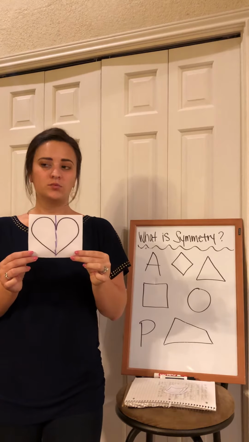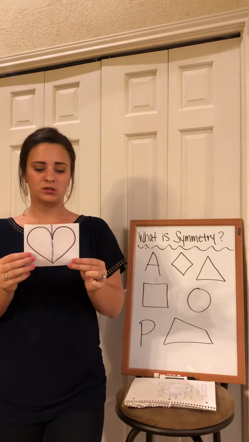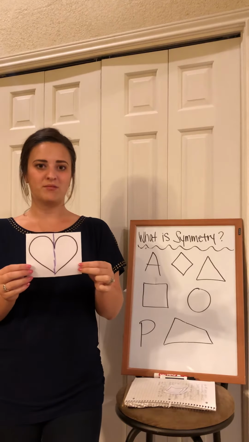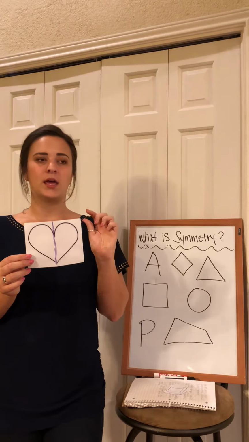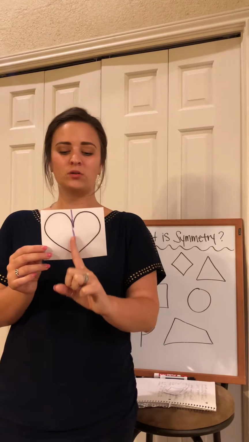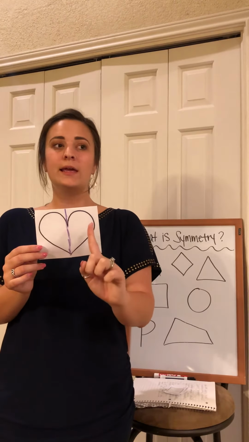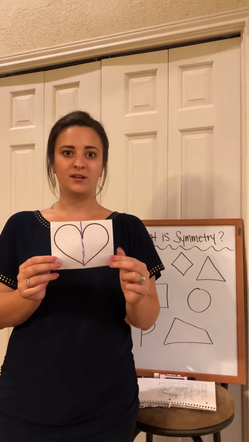And do you notice how both of these sides of the heart are exactly the same? Okay, so I know that I can place a line of symmetry straight down this middle in order to make two images which mirror each other, okay?